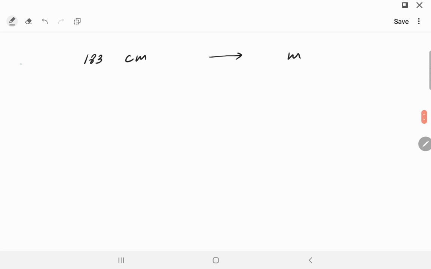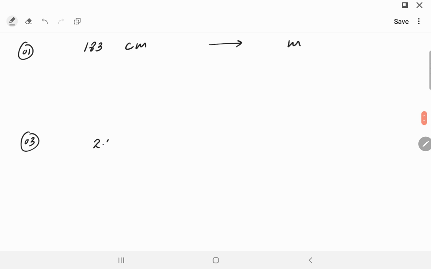Secondly, try to convert 2.5 kilometers into meters.